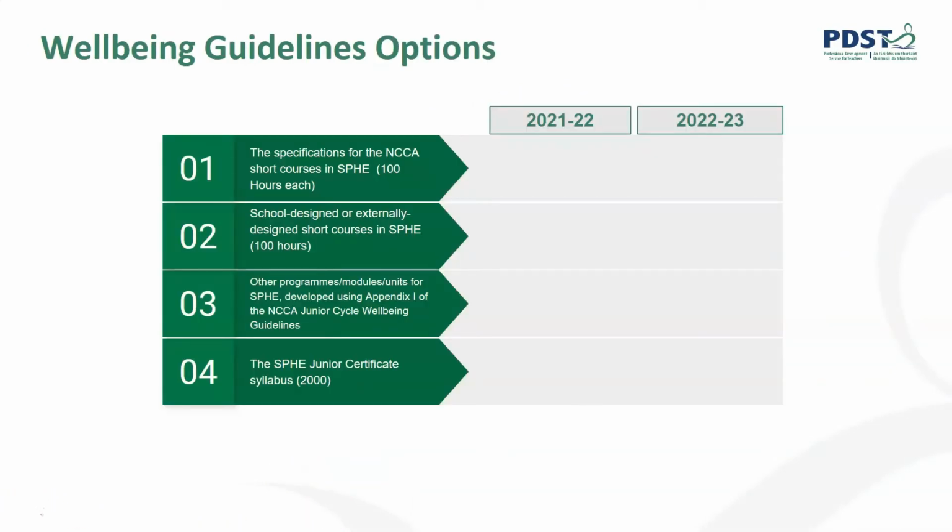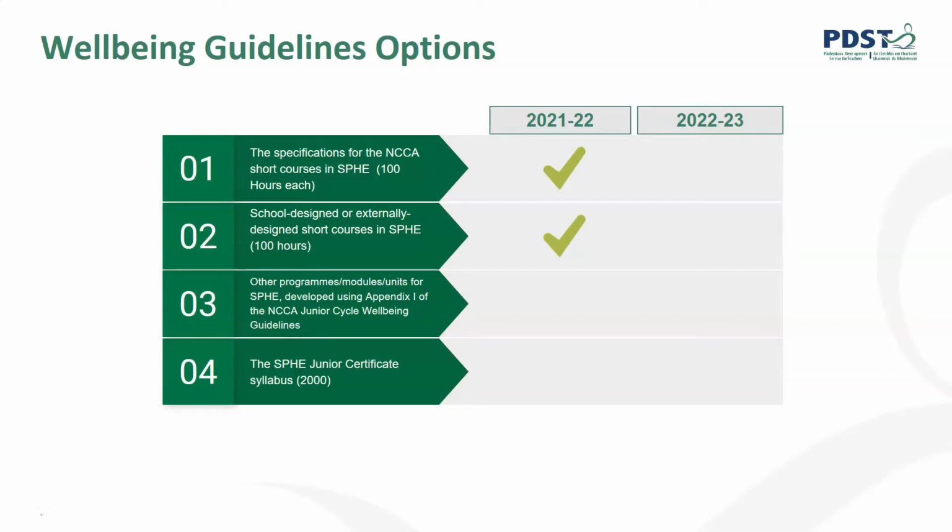When preparing to teach Junior Cycle RSE, there are a selection of options available to you. The updated Wellbeing Guidelines states that there are 4 options that schools can choose from when teaching SPHE RSE at Junior Cycle. Option 1, the specification for the NCCA short course in SPHE.